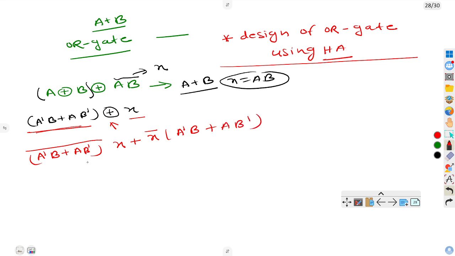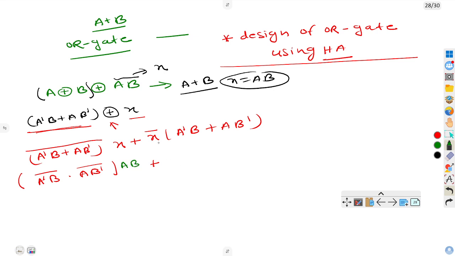Okay, so you already know the De Morgan law. Can you break this with the help of the De Morgan law? A bar into B bar, dot. If you apply the De Morgan law, plus converts into the dot operation. A into B whole bar, plus X. Otherwise, you can place X as AB, so this is AB and X bar.